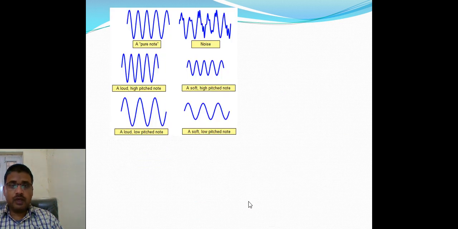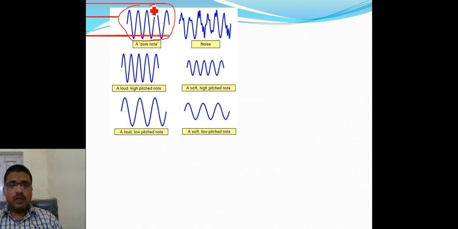Now here, the pictures are important to understand how the sounds come from the source, and how these sounds are pleasant sounds or create music, or create noise. If it is a normal sound, then the wave of this normal sound is like this.